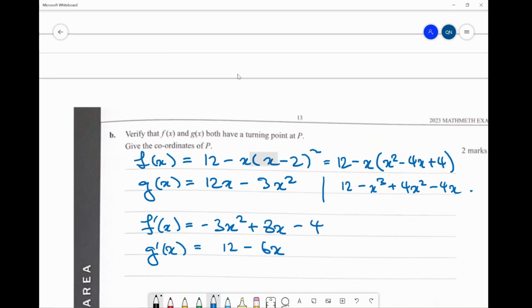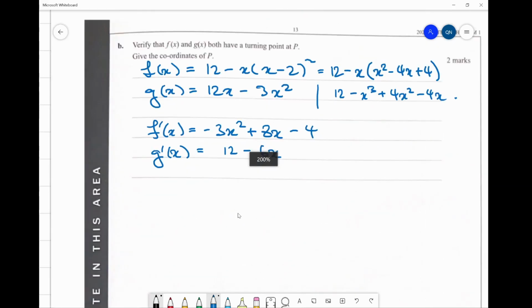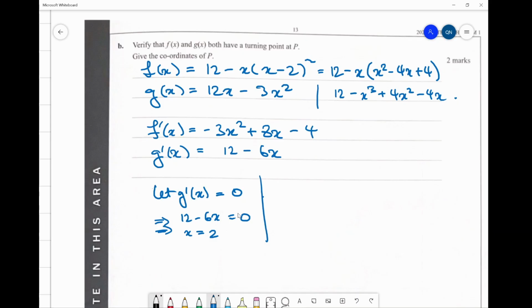And we want to set both of these equal to 0. Let's do that. So that's g prime of x equals 0. Let's do that first of all, because it's simple. So that means 12 minus 6x equals 0, which means that x is just equal to 2. Okay, that's the only solution, which means we want f prime equals 0 to have the same solution as well.